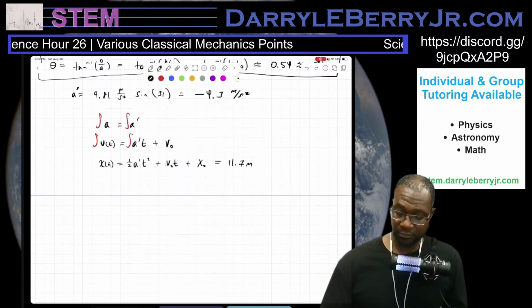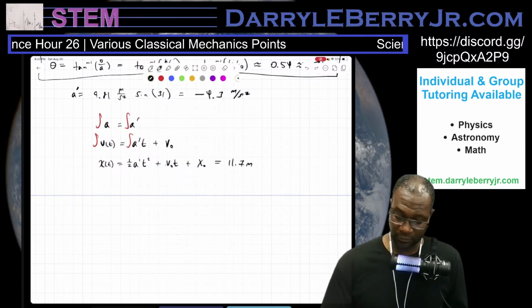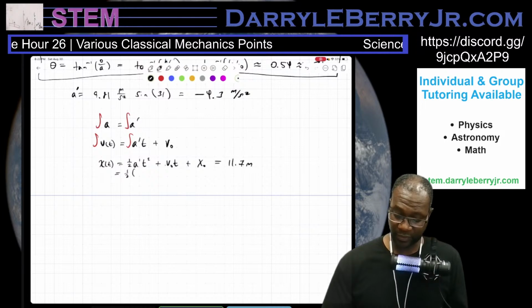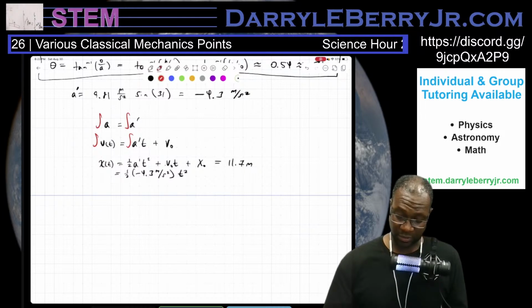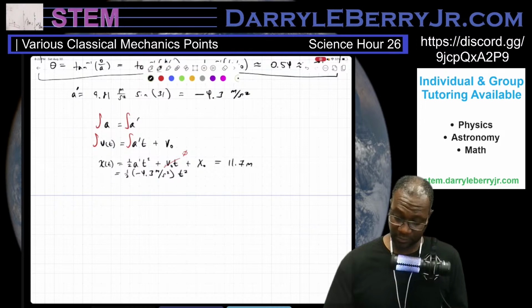So what this will give us is 1/2, I got a 4.3 meters per second squared, t squared, v naught is 0, starting from rest.